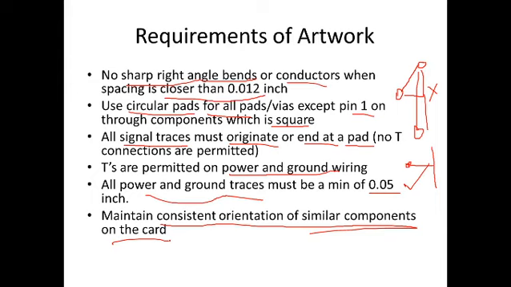So if you have placed a transistor with collector on the upper side, emitter on the lower side, and base on the left side, then put all the transistors in the same way only. Okay, that is easy to trace out. If you move the orientation of the transistor in a different way, then it is difficult for you yourself to understand the circuit.